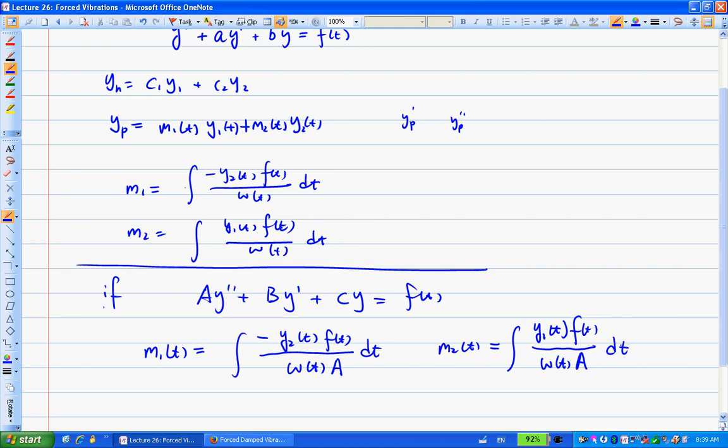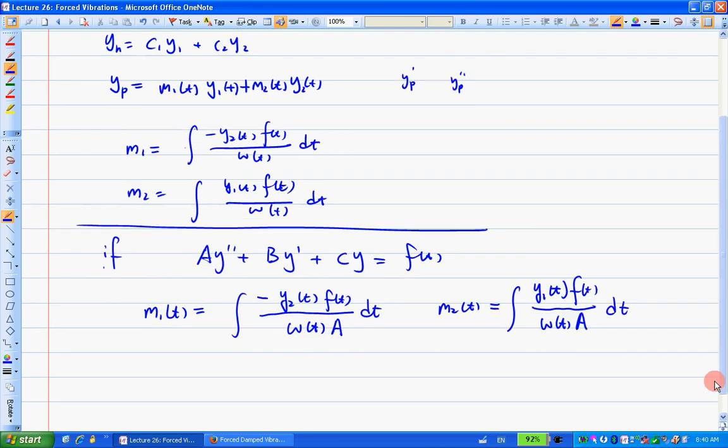Okay, so notice the slight difference here. When the coefficient here is 1, there's nothing here, right? But when it's A here, for m1, m2, there's A here. Just wanted to point out this difference here, in case.